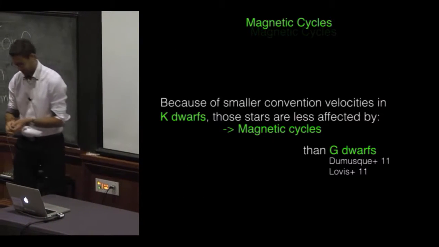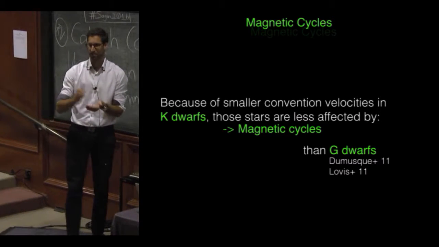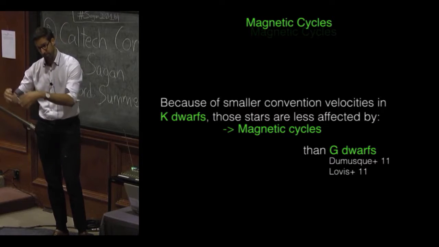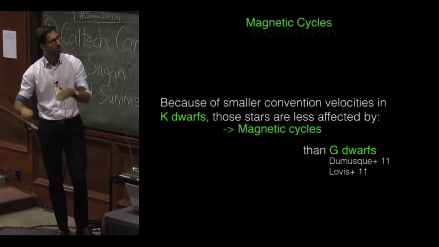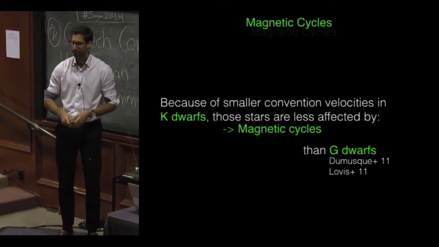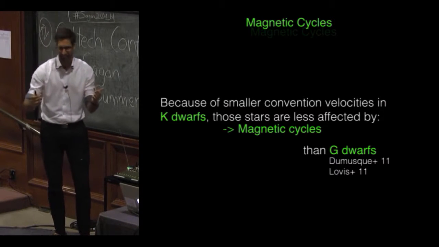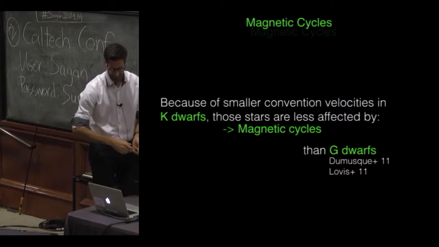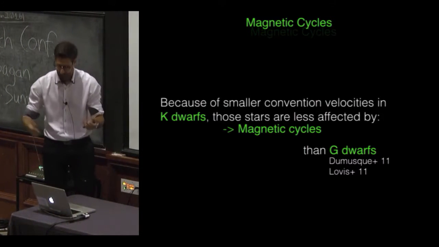And then there is also another thing, which is that because the velocity of the convection changes as a function of spectral type, if you go from G dwarfs to K dwarfs and then to M, the velocity of the convection gets smaller. And therefore, if you observe K dwarfs or M dwarfs, the effect of the magnetic cycle is smaller. So I don't know if it's good or bad, because if you detect it, then you can correct for it. If you cannot detect it, and then it's at the level of the precision of your instrument, it's perhaps more difficult.